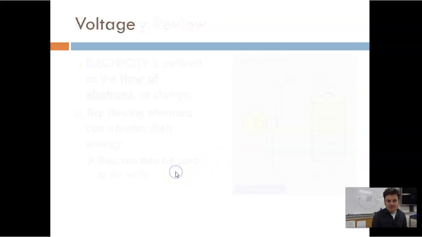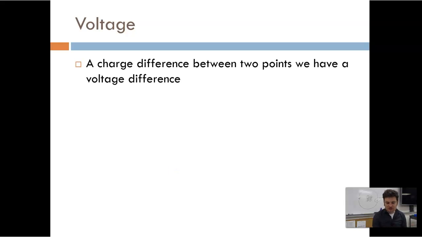Now, there are three main basic ideas behind electricity that we need to know in order to understand what's going on with our robots. First is the idea of voltage. A lot of times you guys have probably heard of voltage before, but what you need to know is that it is essentially a charge difference. That means we have more electrons in one area than we do in another.